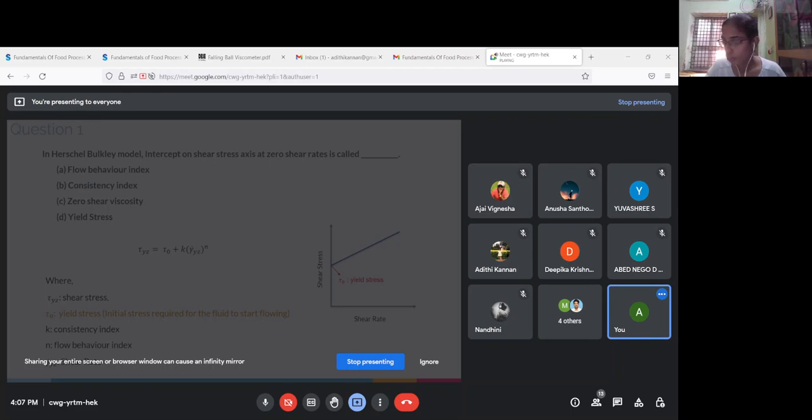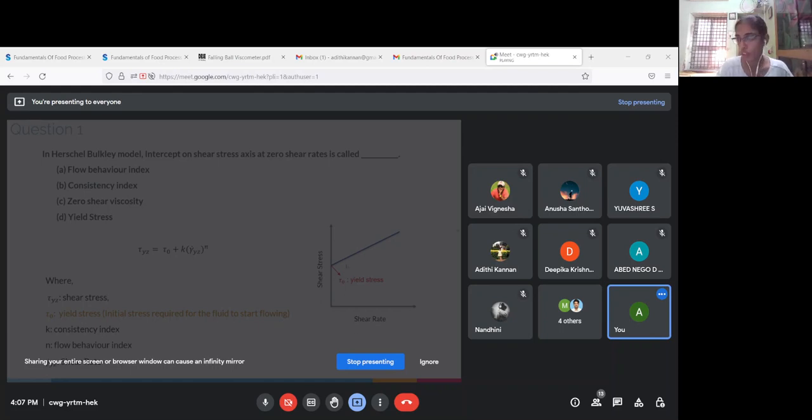No, not Newtonian fluids. Think again. Newtonian fluids all start at the origin, so there won't be any y-axis intercept. All Newtonian fluids will start from the origin.